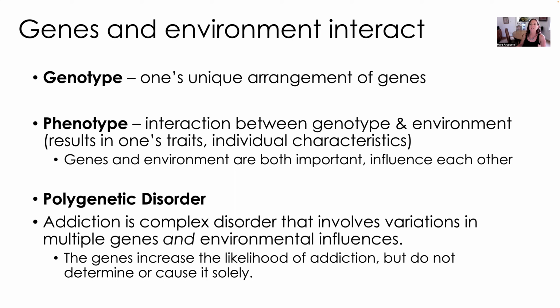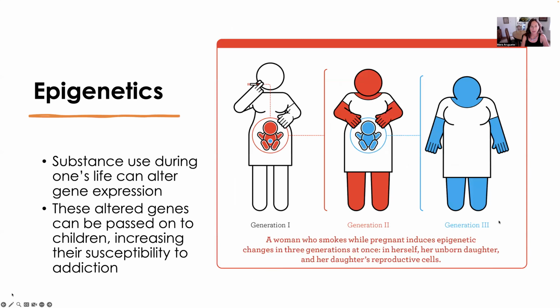Addiction is not a simple disease like, for example, Huntington's disease or sickle cell disease, where we have a single gene. We do not have that with addiction. We have multiple genes. We can say that certain kinds of genetic makeups seem to influence the likelihood of addiction, but they certainly don't determine it. There's not any single gene determination, and genes also don't cause addiction on their own. It requires an environment.